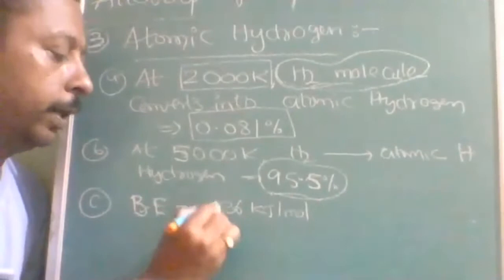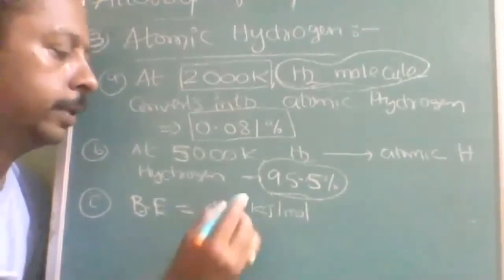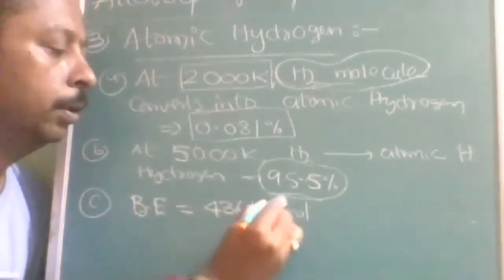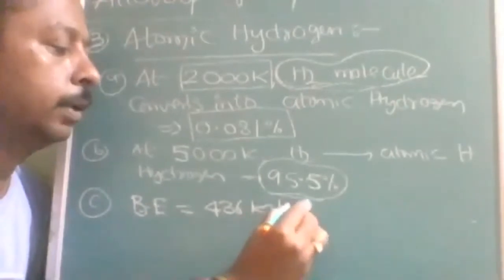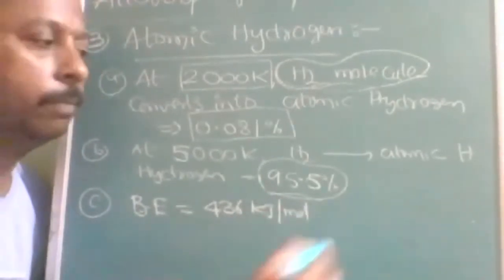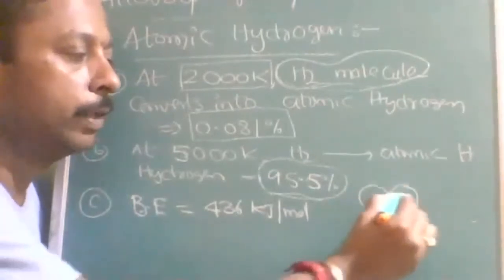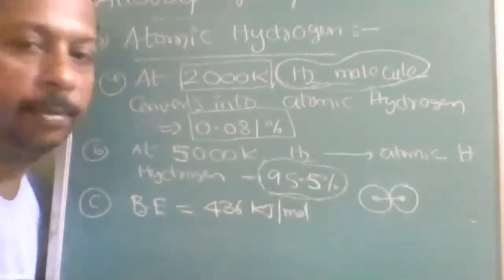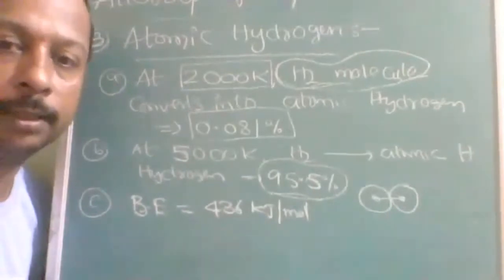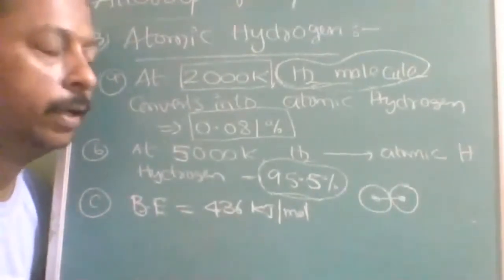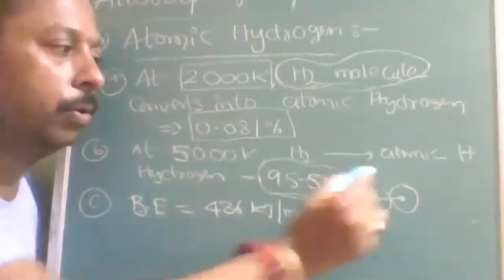Bond energy of hydrogen is 436 kilojoule per mole. Now what can be the reason for this high bond energy? Because the hydrogen atom is very small. So bond length will be very small, and when bond length is very small, bond energy will be very high. One more advantage is that there is no lone pair.